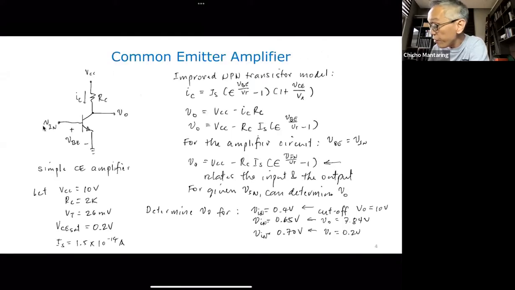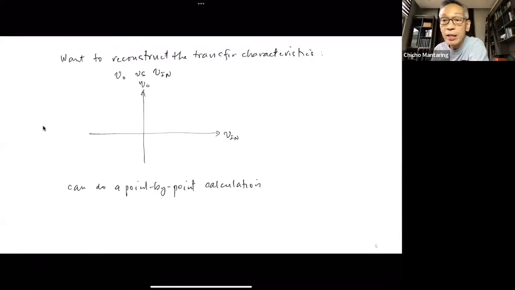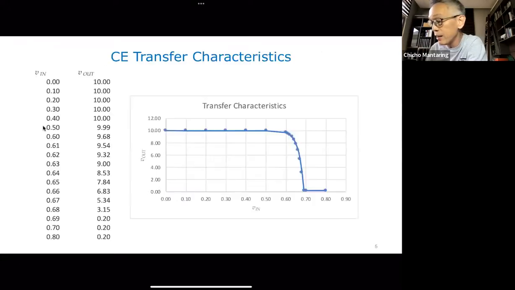So here we already have three values: 0.4, 0.65, 0.7. You notice that this is very similar to what was given to you in your problem set. You were given input points, and then you were instructed to plot your output. Okay, I already did this. This is just repeated calculations using my calculator, actually using Excel. And this is the table that I got.